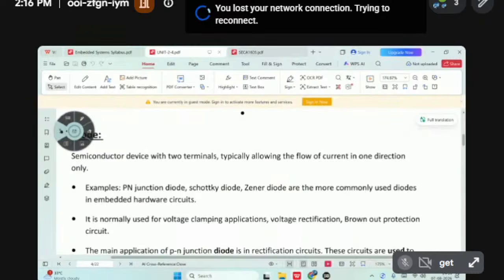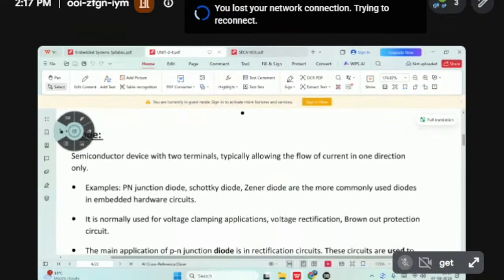Right. Generally, we have different types of semiconductor devices, right? Generally, the flow of electrons will move in only one direction. For example, in a PN junction diode, the flow of electrons may move in one direction. So that is one thing.